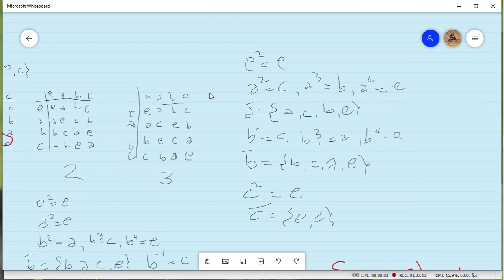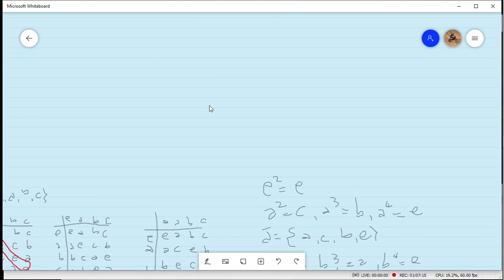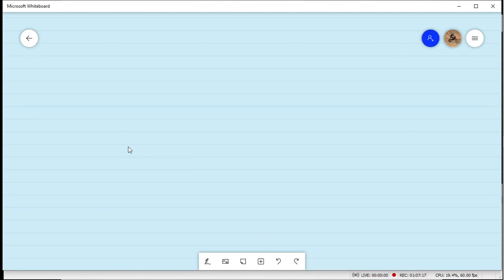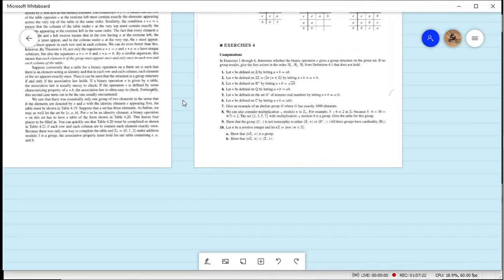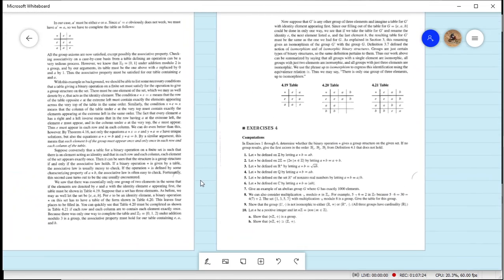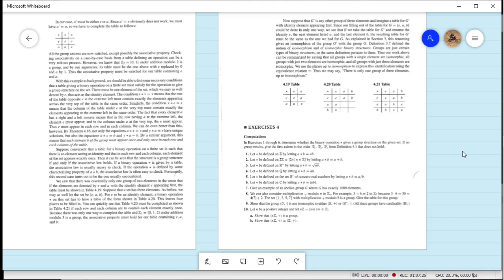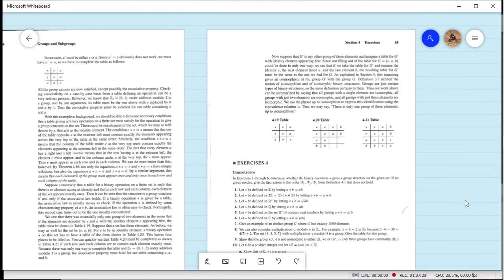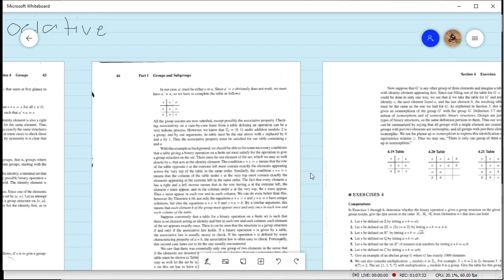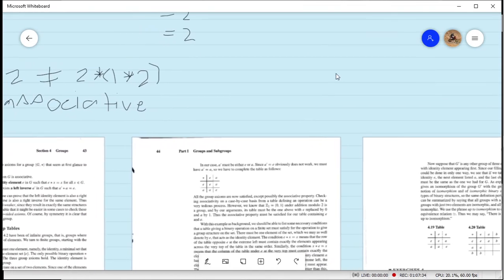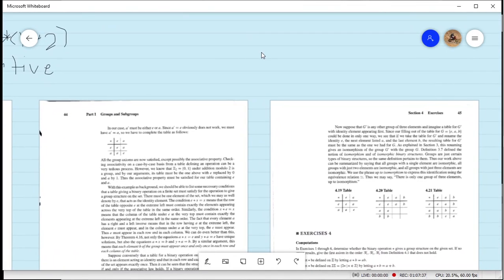So we'll stop our investigation for finite groups of order 4, or 4 elements. Okay, so continue with your own investigation for larger finite groups. That ends this lesson, and I hope you are now ready to work on your learning task.